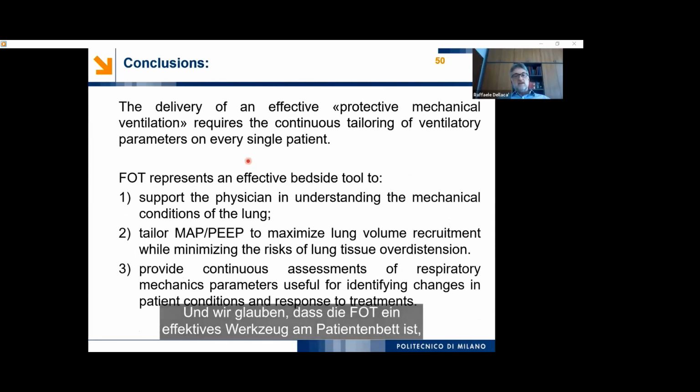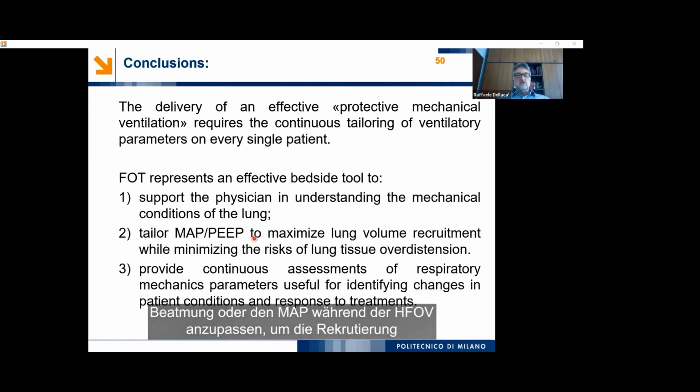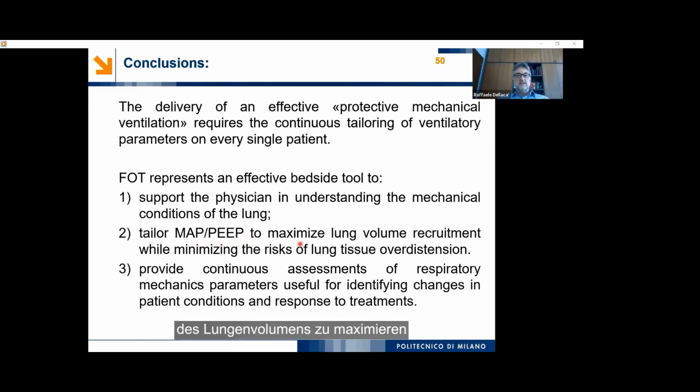And we think that FOT represents an effective bedside tool for supporting physicians in understanding the mechanical condition of the lung, for tailoring PIP during conventional ventilation and/or mean airway pressure during HFO to maximize lung volume recruitment while minimizing the risk of lung tissue overdistension, therefore implementing the best strategy for lung protective ventilation.